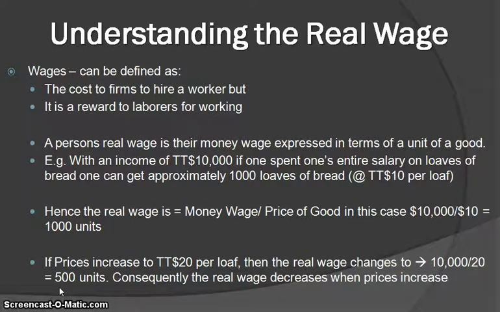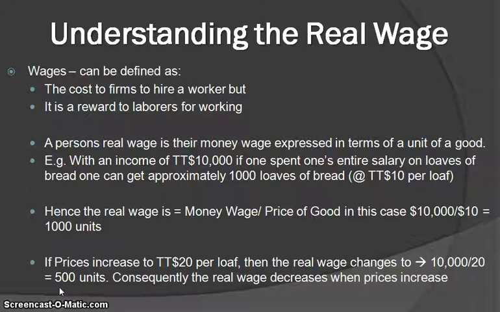We therefore realize that when the price of bread moved from $10 to $20, meaning that the price has increased, while money wage remained the same at $10,000, the person is only able to afford half as many loaves of bread, 500 units, simply because the price of the good increased by $10 to now $20.